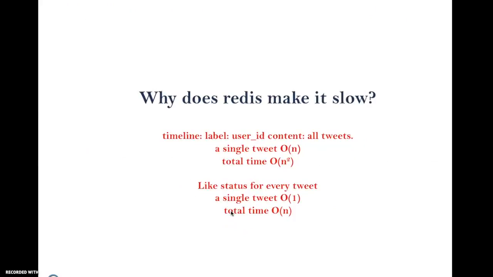So why does Redis make it slow? In Redis, we store the timeline in such a way that the label is the user ID and the content is all tweets in that timeline. So it takes O(n) time to find a single tweet, and we do this for every single tweet, so the total time will be O(n squared).